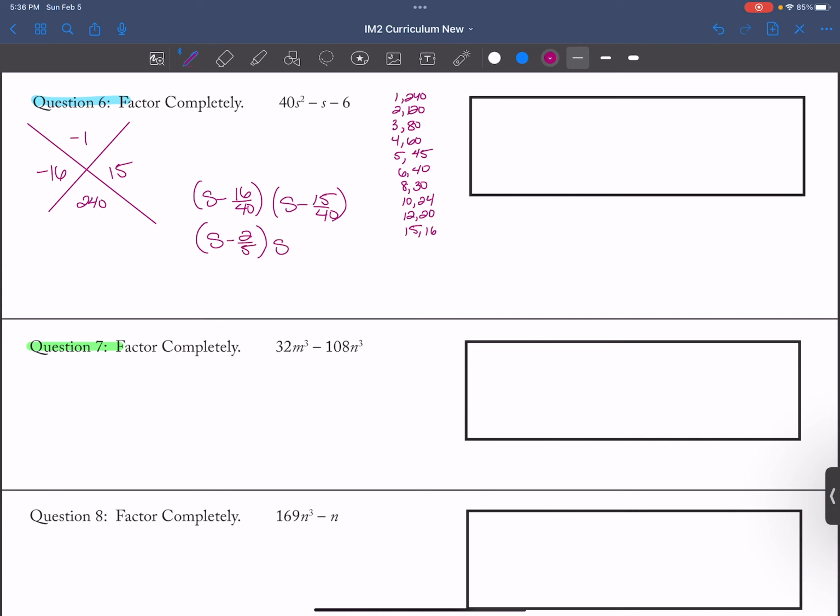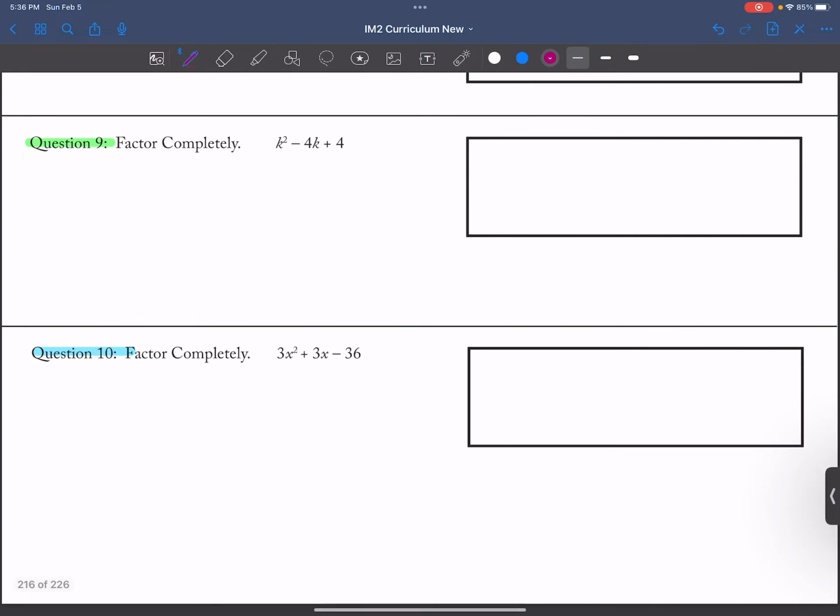And then S minus, everybody's divisible by 5, so that's 3 and 8. So then this will be 5S minus 2 and 8S minus 3. Uh-oh. Plus. Plus. The 15 was a positive.